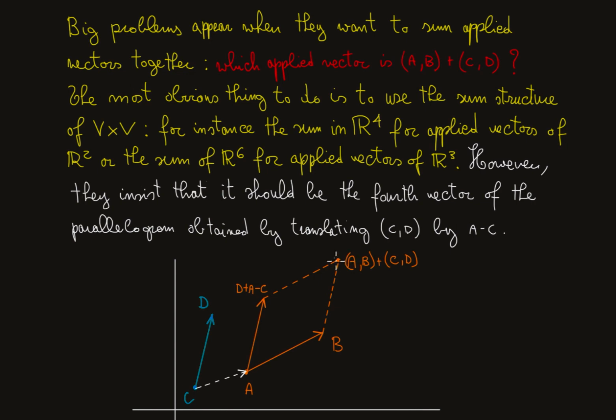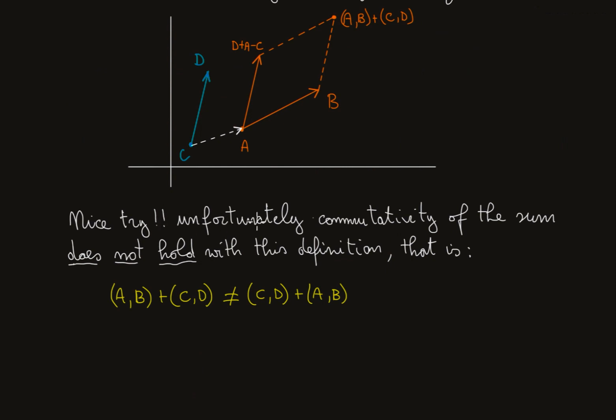This is what people claim should be the definition of the sum A comma B plus C comma D. Okay, this vector right here. Well, there is a big problem in using this definition for the sum of two applied vectors. Nice try. Unfortunately, commutativity of the sum does not hold with this definition.